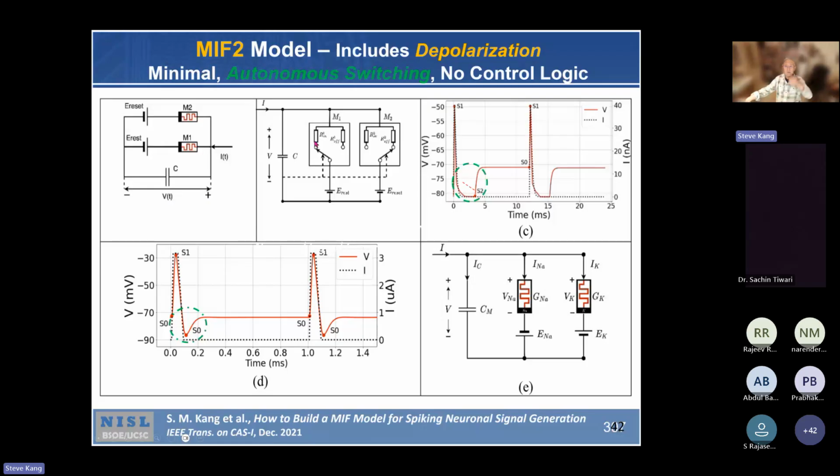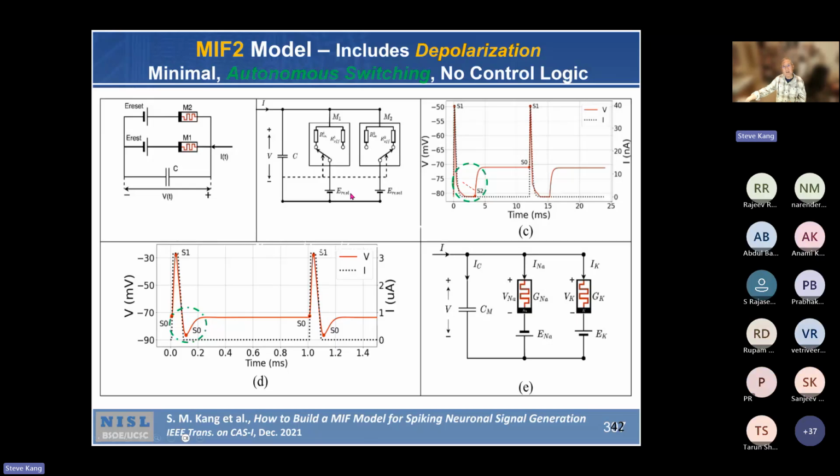So what is happening? You can see that one memristor switches on and off, and another memristor switches on and off, and that is controlled by the voltage across the capacitor. So it's autonomous, and it can generate this sort of pulse without any external circuit.